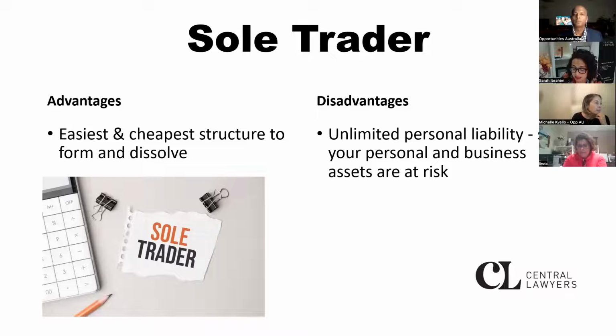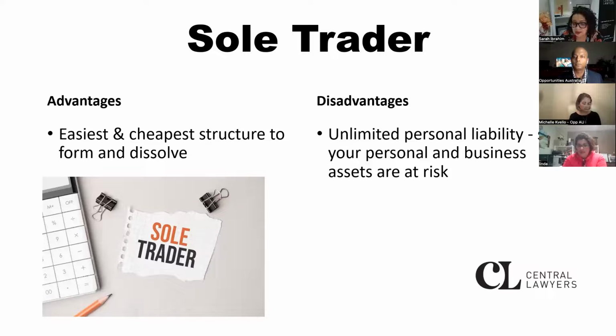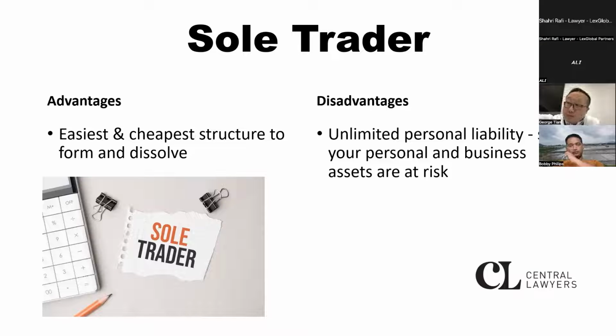Once your business starts to grow and you have a lot more profits, you end up with a higher marginal tax rate because you're paying through pay as you go, as opposed to using the company tax option, and because you're unable to split your income.